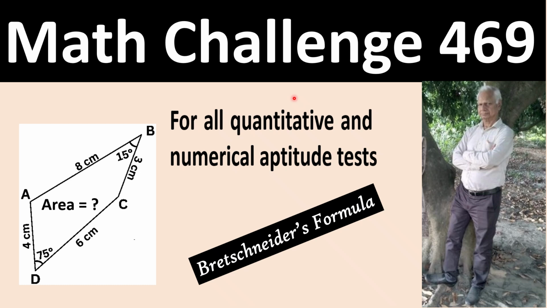In Math Challenge 469, we have an irregular quadrilateral. The lengths of the four sides are given, and the measures of two opposite angles are given.